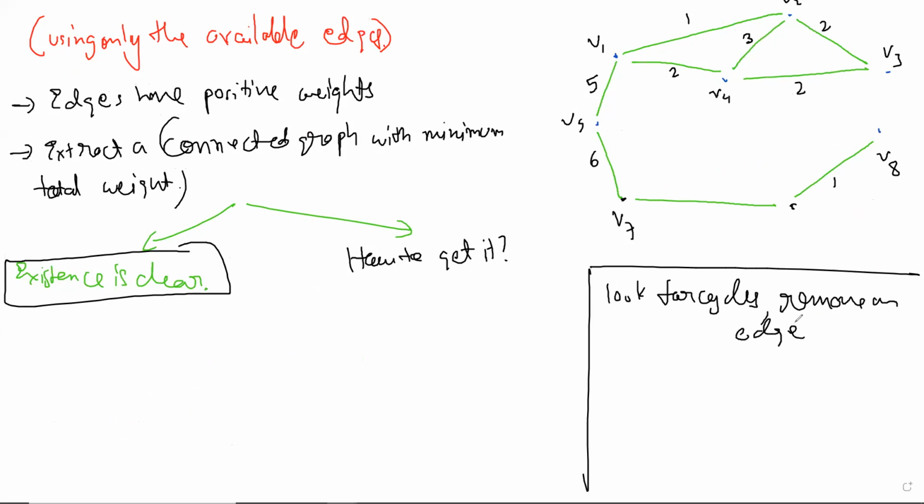You see, this is also not algorithmically a very good statement. Looking for cycles is not a trivial thing. If there are n vertices, there can be so many different cycles. If you just say look for cycles, that's also not very good.